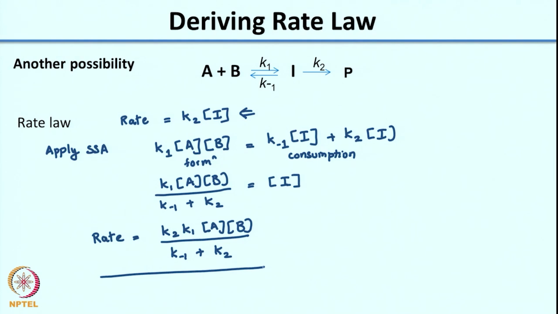But what you notice here is that in your denominator you do not have any term corresponding to your concentration of B. So, essentially you can simplify this further to make this K observed A into B. Now, you would notice this form is very similar to the elementary reaction, although the K observed here has multiple processes of K1, K2, K minus 1 and K2 in the denominator.